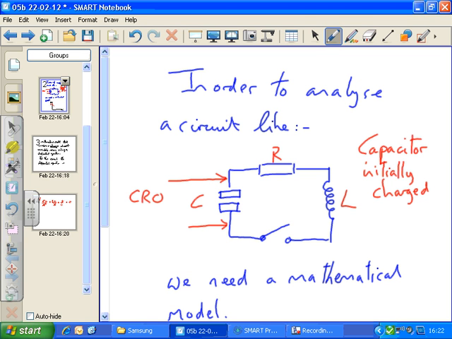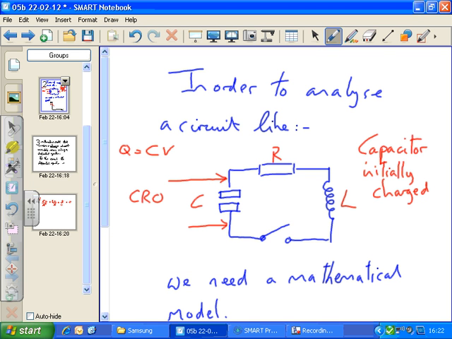And CROs don't measure charge, they measure voltage. But luckily for us, there is a direct relationship between the charge on the capacitor and the voltage, Q equals CV. It's an equation you're probably familiar with. So the voltage equals Q divided by C.